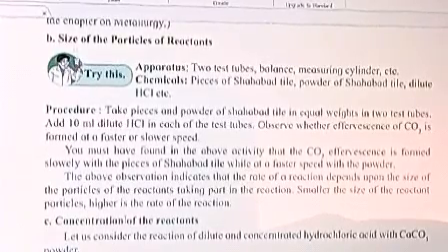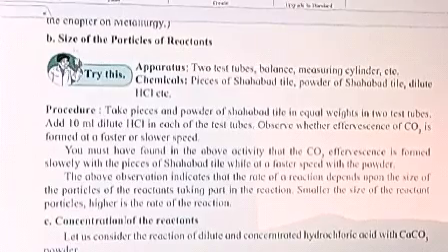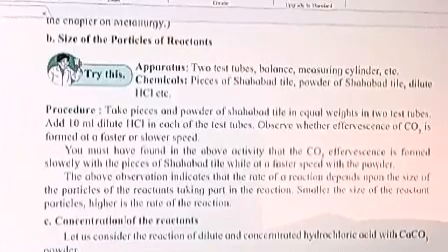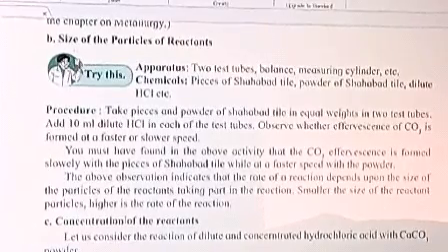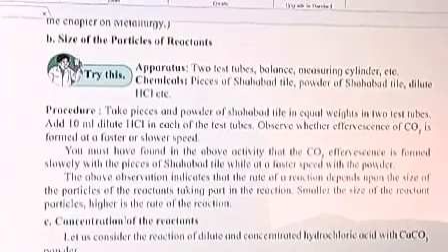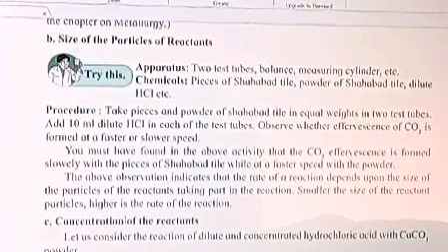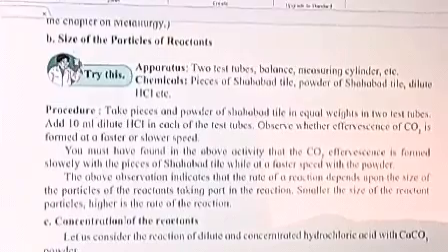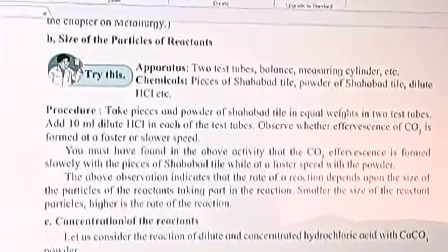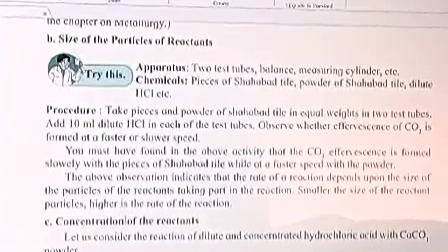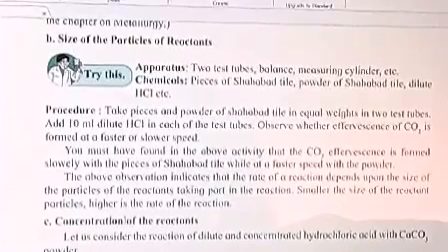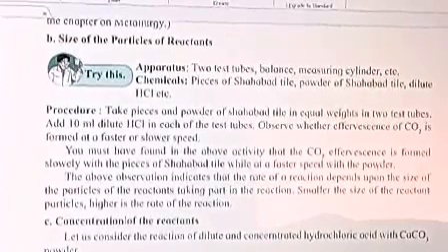And chemical reaction takes place on the surface of these reacting molecules, and therefore greater the surface area, faster is the reaction. Lesser the surface area, slower is the reaction. So if the reactant is in the powdered form, the exposed surface area is more, and therefore the chemical reaction is faster.